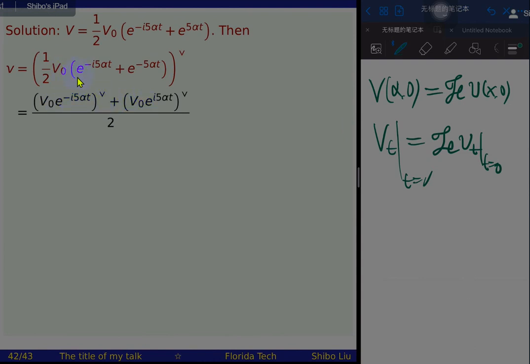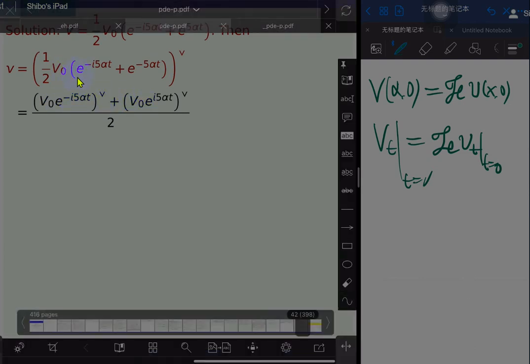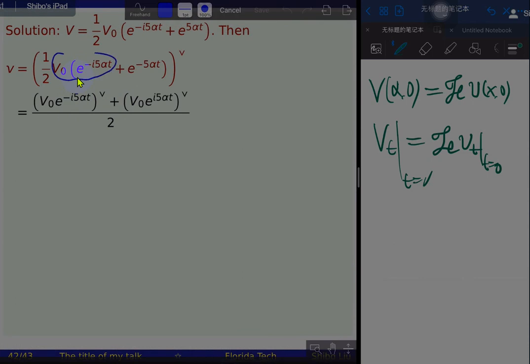This function and this function, V0 times this.